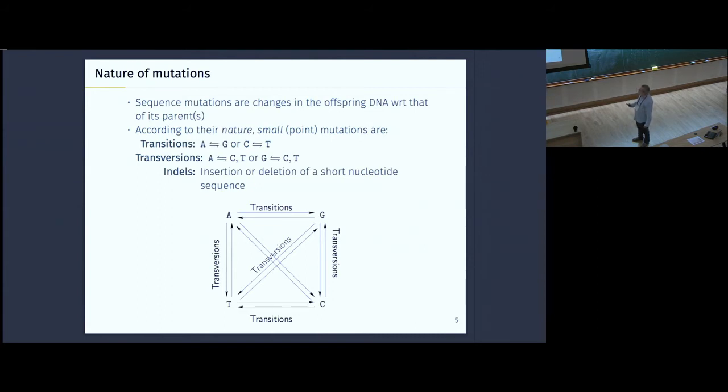If the interchange leaves the kind of nucleotide the same, it is called a transition. If on the other hand it changes, for instance, a T into an A or a T into a G, it is called a transversion. The transversions have a more important effect, but they are a little bit rarer than the transitions.